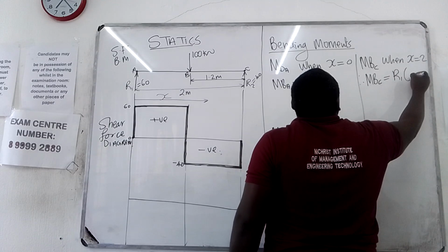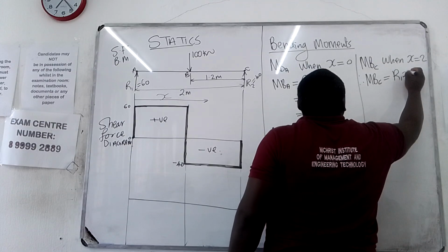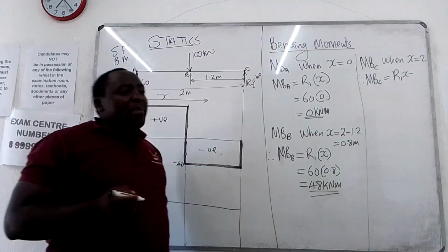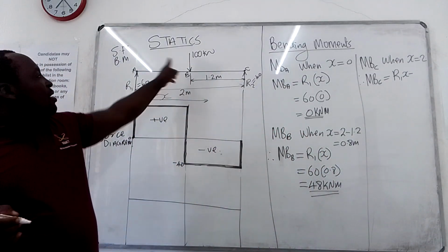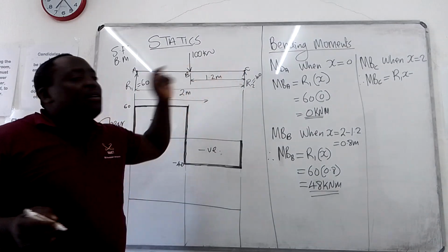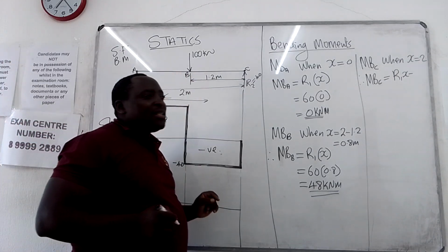R1 by x minus. Remember, we are now at C. Do we have any force from A to C in the middle? Yeah, we do. That is why the minus comes in.